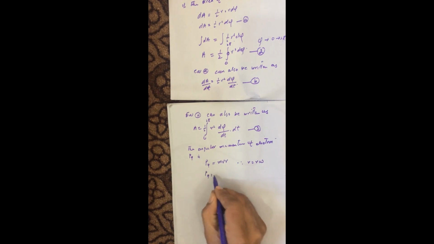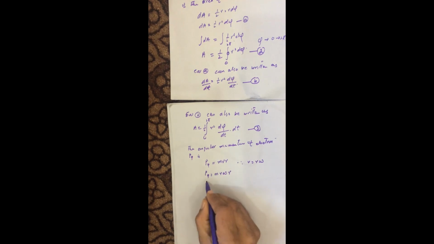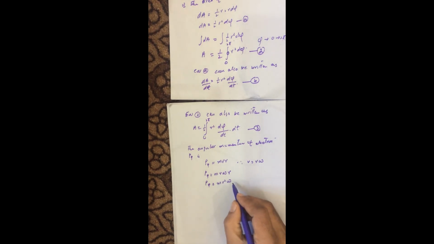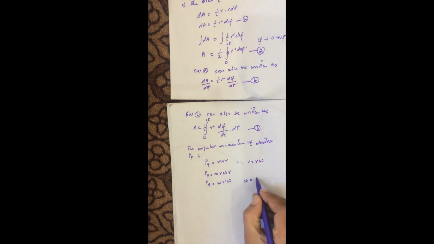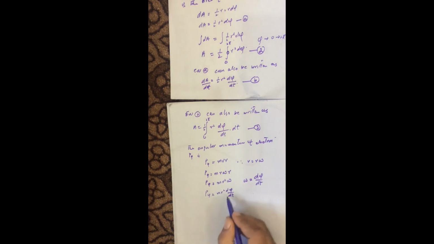So P phi is equal to m r omega times r, so P phi is equal to m r square omega. And omega is the angular velocity, which is equal to the rate of change of angular displacement, d phi by dt. So P phi is equal to m r square d phi by dt. This is the angular momentum.